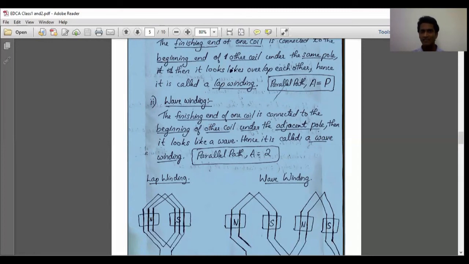In lap winding, the other coil was under the same pole. But in case of wave winding, the beginning end of the other coil is under the adjacent pole, that means the pole which is near to the previous pole. Then it looks like a wave, so it is called wave winding.